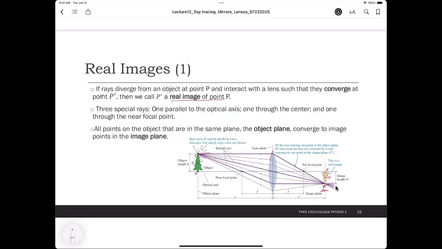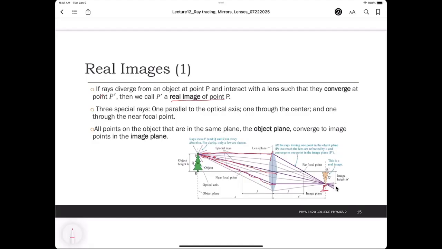Three special rays: one parallel to the optical axis, one through the center, and one through the near focal point. You can see there are three rays. This one is parallel to the optical axis, this one goes through the center, and this one goes through the near focal point.